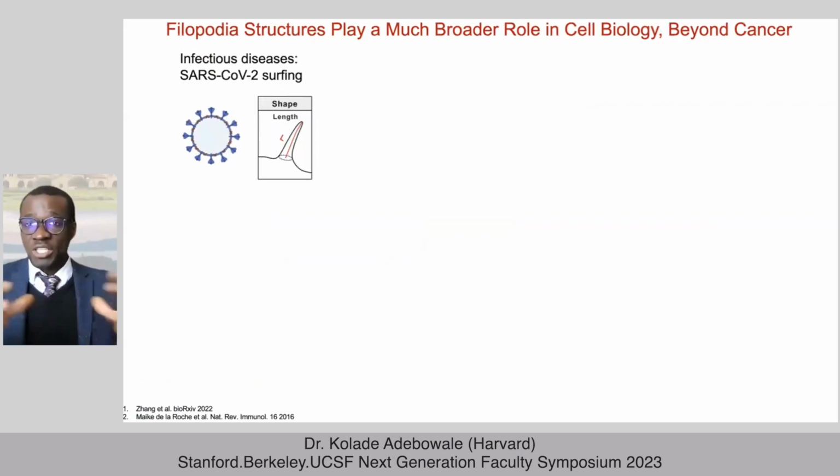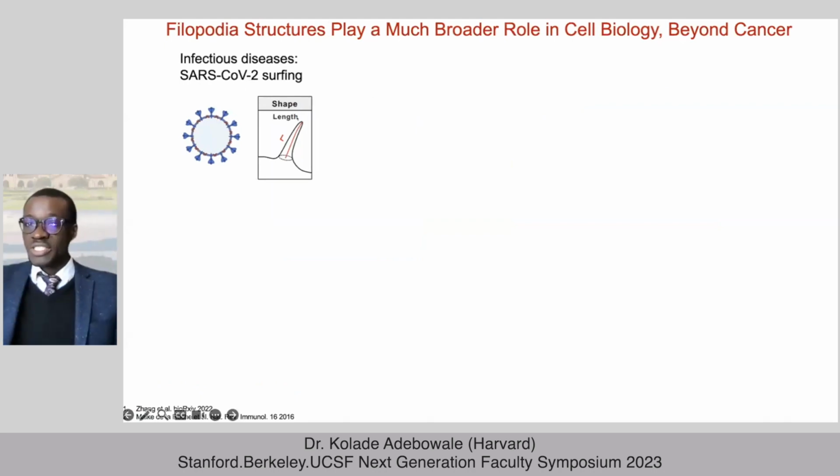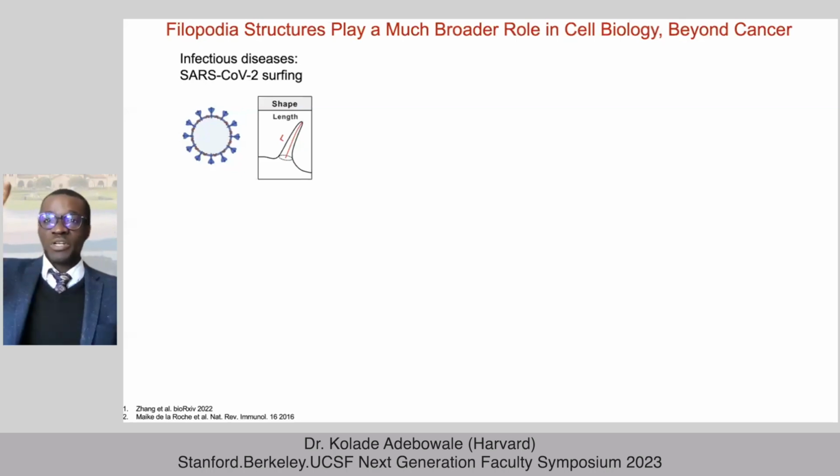Towards the end of this project, we had the SARS-CoV-2 pandemic upon us. One thing that I learned is that one of the mechanisms by which this virus infects our cells is by exploiting these filopodia structures. Specifically, the viral particle attaches to the tip of these filopodia protrusions. In a process called viral surfing in the literature, this particle surfs along the shaft of the filopodia protrusion to infect the cell.